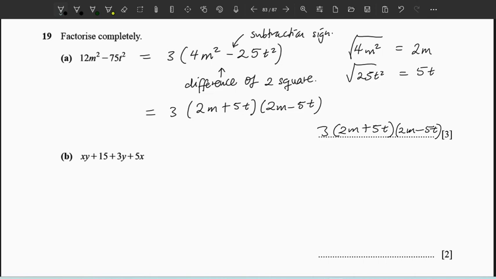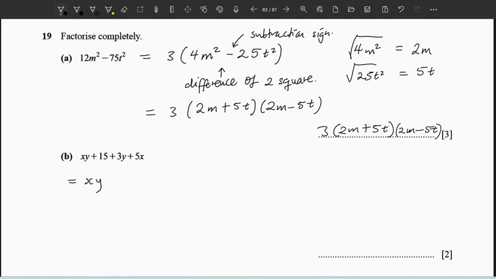Okay, so now this one we have 4 terms. With 4 terms, what you need to do is to check whether the first 2 terms have anything common and the last 2 terms as well. Looking very closely, you can see there's nothing common between xy and 15. So we are going to shuffle our expression so that we create an expression with first 2 terms having something common.